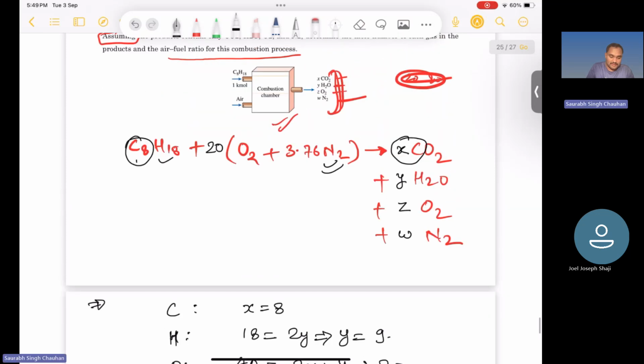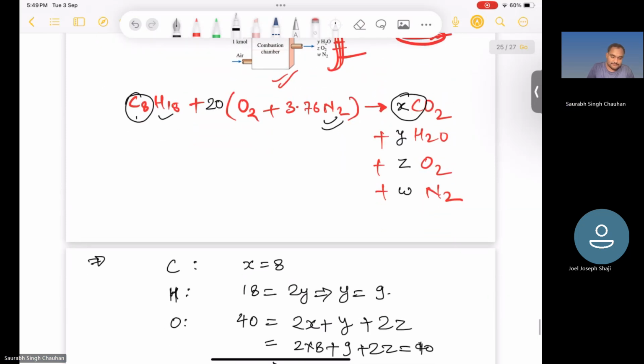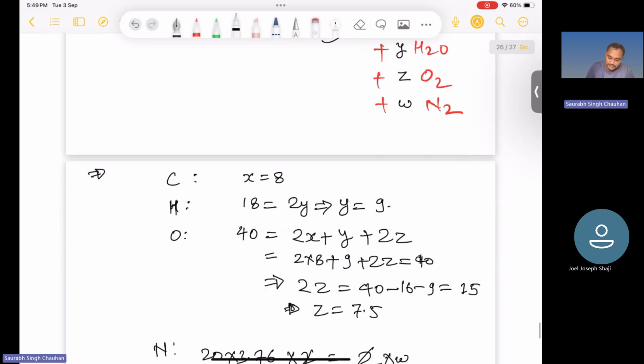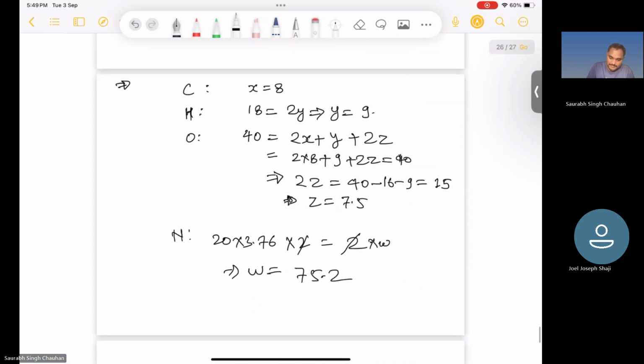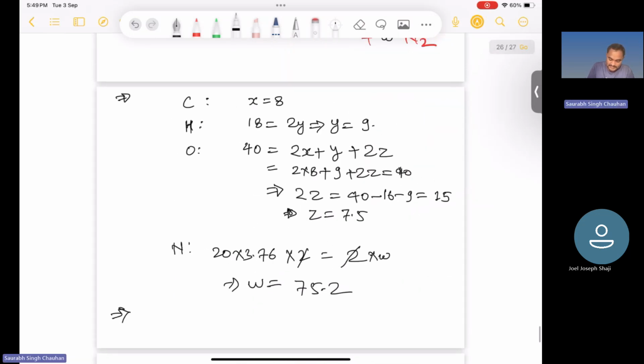So now we have the balanced equation. Let us write this again.